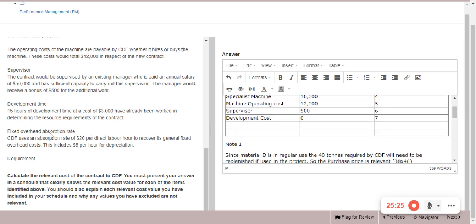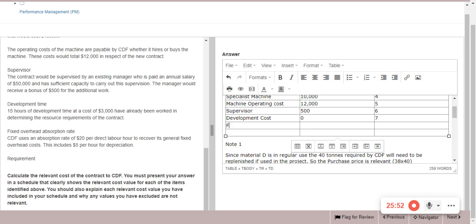The last one, note 8, fixed overhead absorption. Basically, I don't even need to go through this. We know that any overhead absorption is not a relevant cost because this is a fixed cost, and whether I am taking this project or not taking this project, it is never going to be a relevant cost because I'll have to bear the fixed cost anyway.